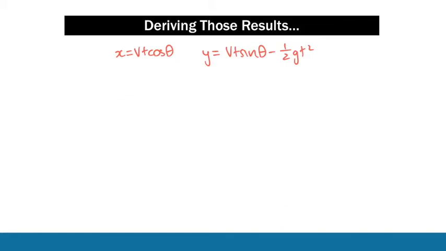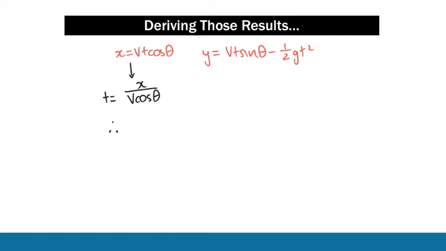The other thing you need to be able to do is to link these into a Cartesian equation. The way we do that is fairly easy. All we do is start from our x equation, and we're going to rearrange to put t by itself. And that gives us t is equal to x on v cos theta. Now that we have an equation for t, we can replace the t in the y equation with our new expression.